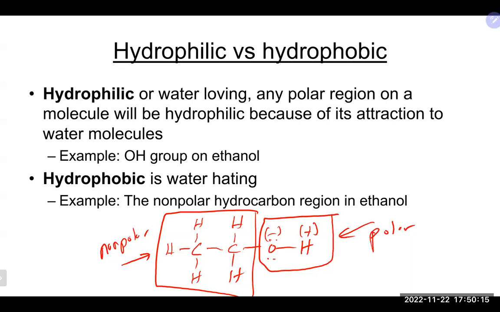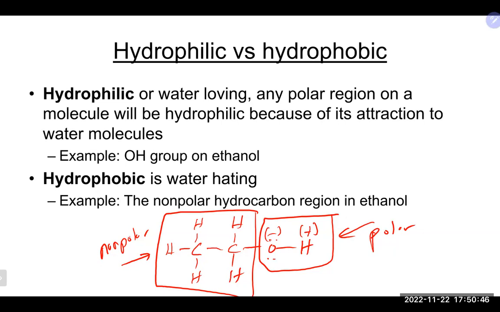So a molecule like this has the ability to interact well with water because of that polar region. A region that is polar, because it's able to, for example, hydrogen bond with water, is sometimes referred to as hydrophilic, which means it likes water. And there's also a part of the molecule that is sometimes referred to as hydrophobic, which means it does not like water. That would be the nonpolar side.